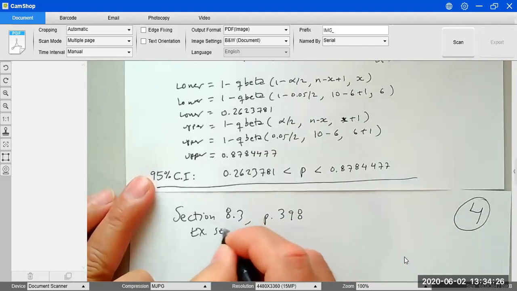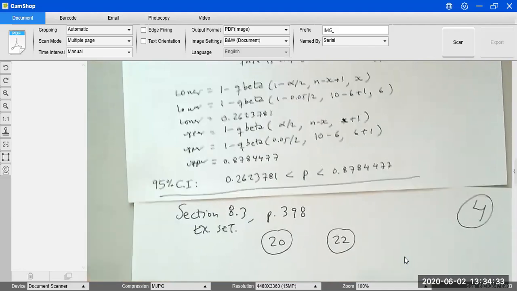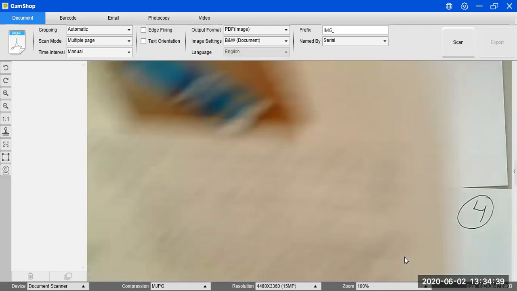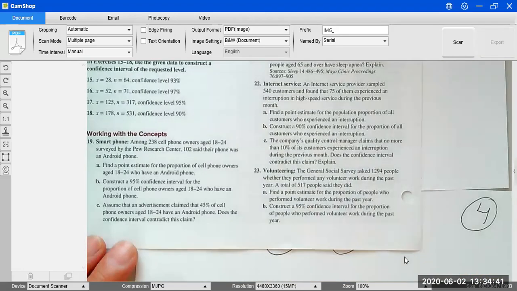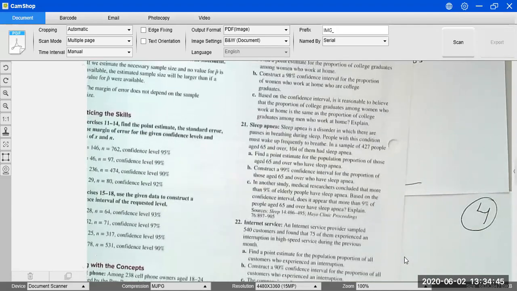From that exercise set, you're going to work two problems, problem 20 and problem 22. So I'm going to show you those problems now.